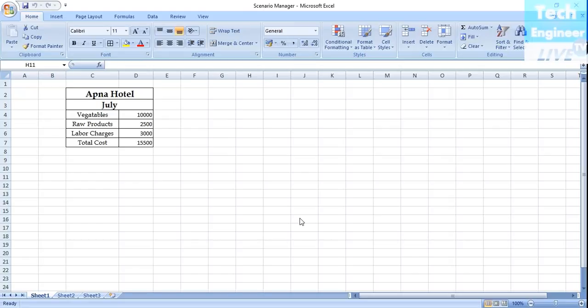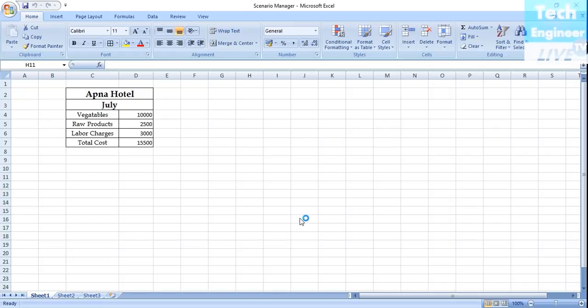For example, we have our own hotel, and we believe that there will be a cost effect. As per my expectation, in the month of July, the cost of vegetables could be 10,000. Raw product price will be more, like 2,500.